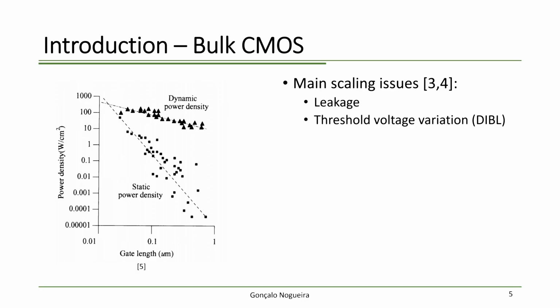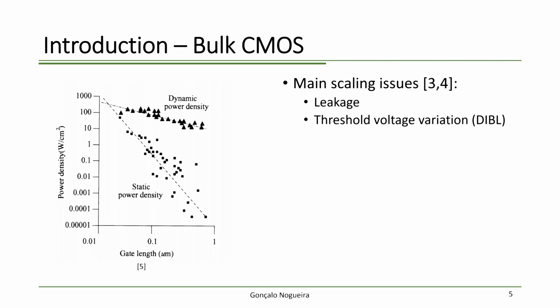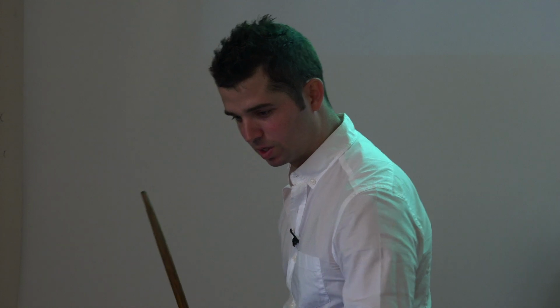And this static power density here is the power consumed by leakage. As you start scaling down the transistor, the leakage keeps growing and catching up with the dynamic power density. This, of course, is not acceptable.